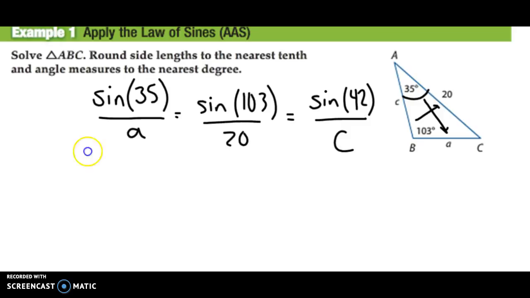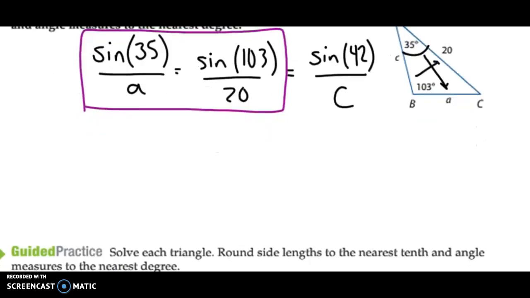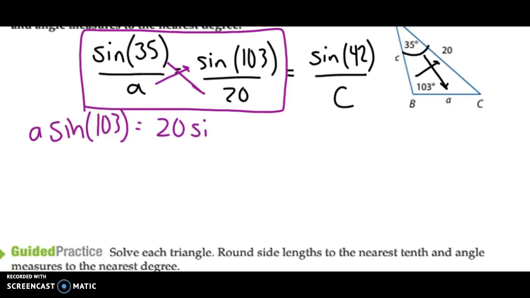So now I can use this information to solve for both side A and side C. So let's look at this part first, okay? Figure out what A is. So this is just written just like a proportion. To solve, we cross multiply. So we get A sine of 103 degrees is equal to 20 sine 35 degrees.